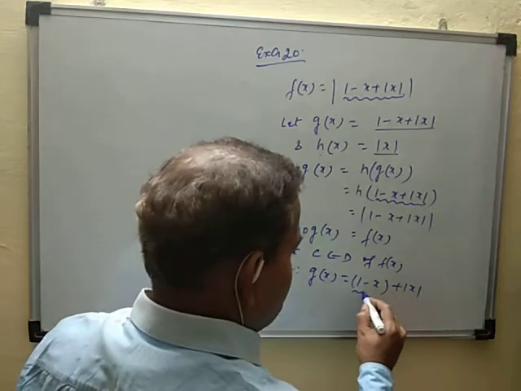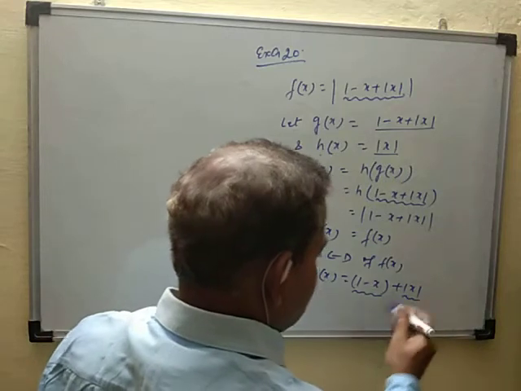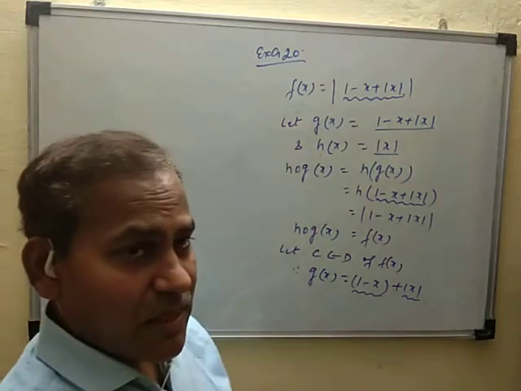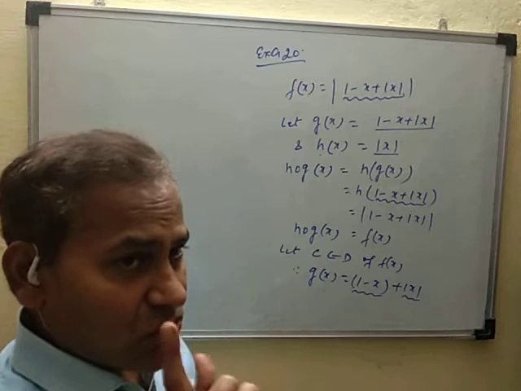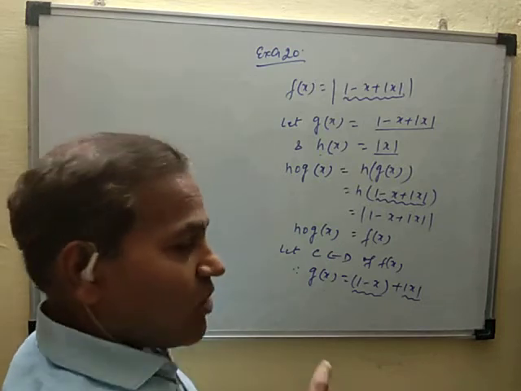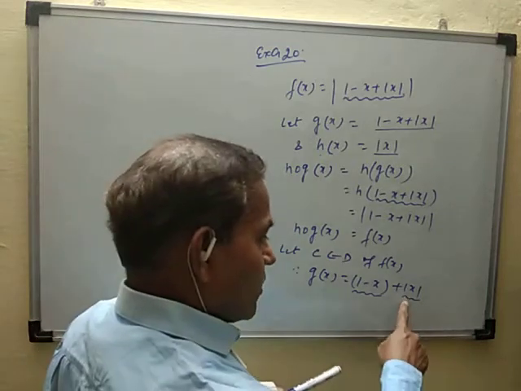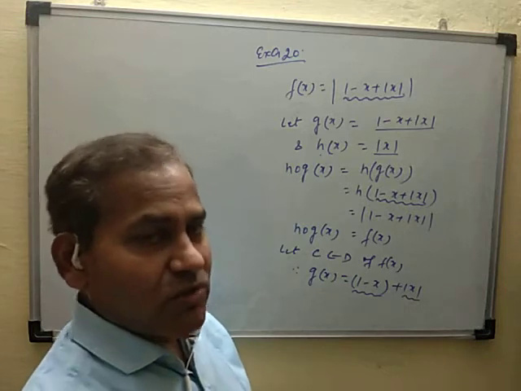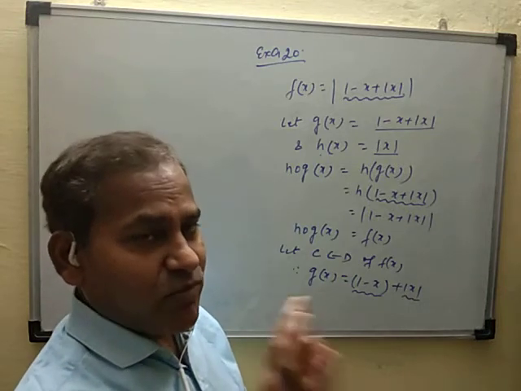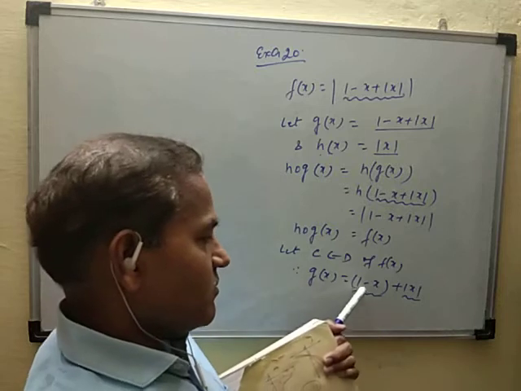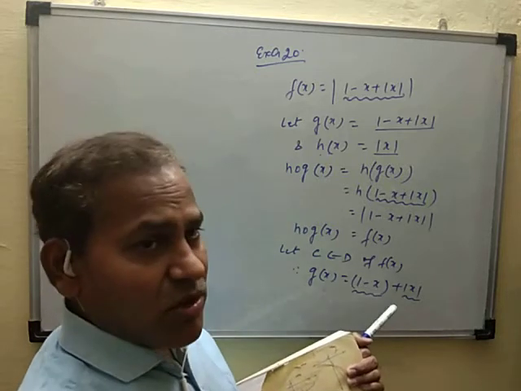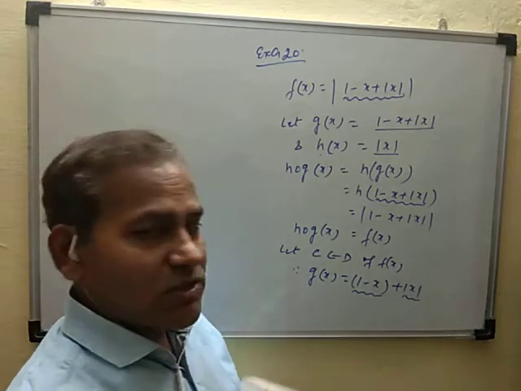First is a linear expression and second is a modulus function. And already you know that every polynomial function and modulus function is continuous at every point.